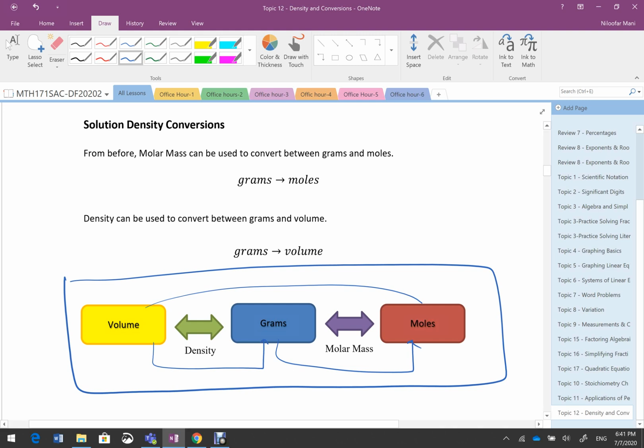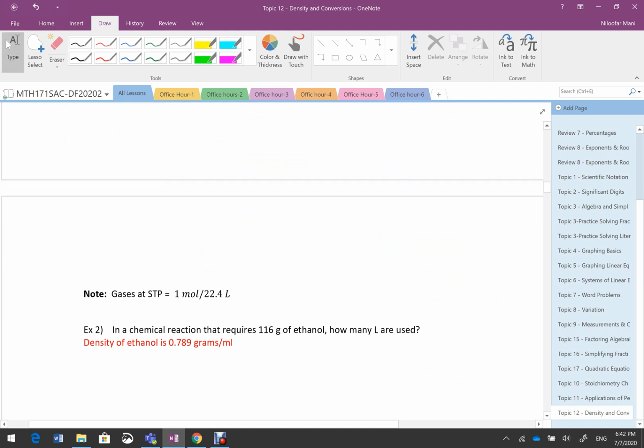I can go from gram to volume, that's density, the lesson now. And I can go from mole to volume or volume to mole because I can do the bridge, the same as what I did now for pure water. So I can do more examples here.